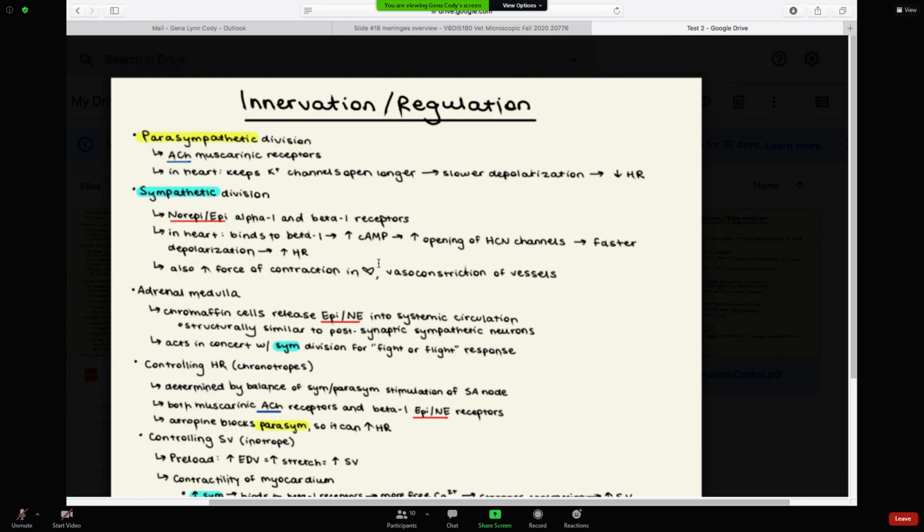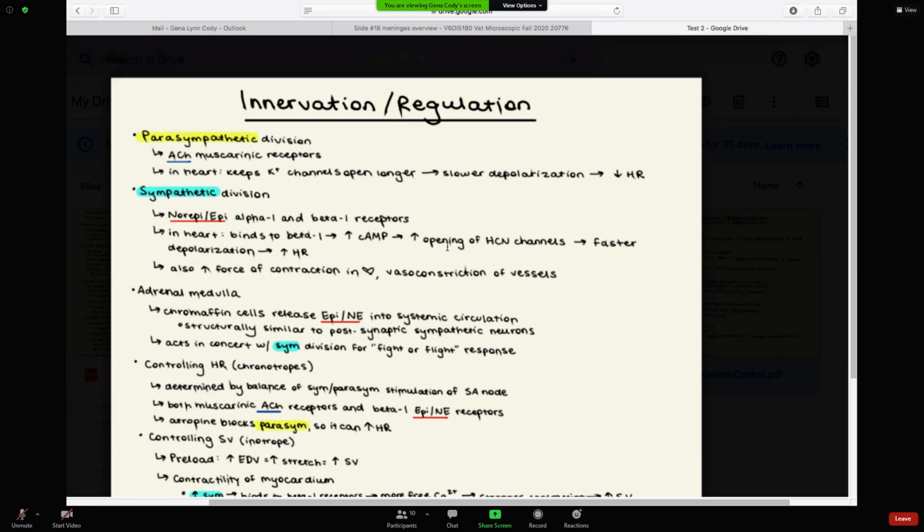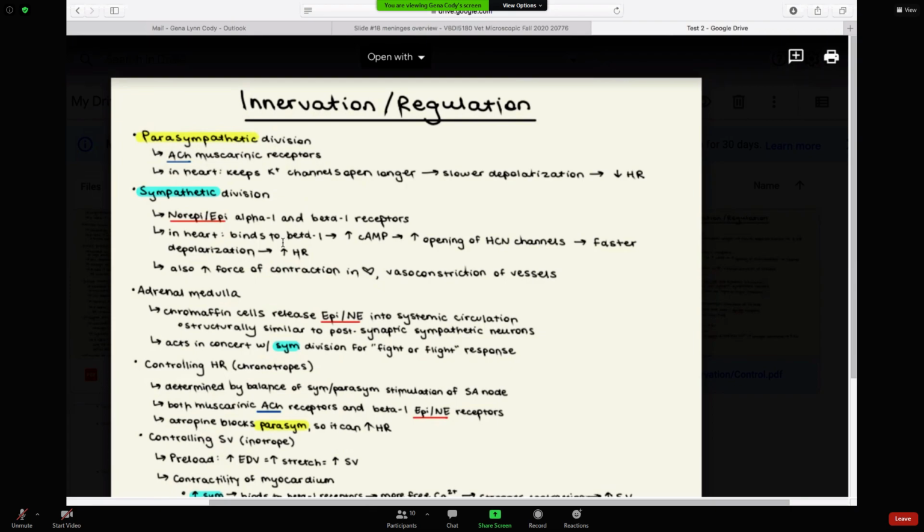Norepinephrine and epinephrine cause an increase in cyclic AMP, increasing opening. Basically, more of those channels are opening collectively, causing the cell to reach a depolarized state faster. So that's going to increase my heart rate. I hope that made sense. If not, I'll go over it.